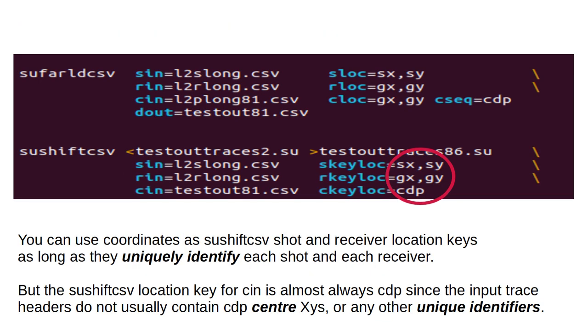You can use coordinates as SUShiftCSV shot and receiver location keys as long as they uniquely identify each shot and each receiver. But the SUShiftCSV location key for SYN is almost always CDP, since the input trace headers do not usually contain CDP center XYs or any other unique identifiers.